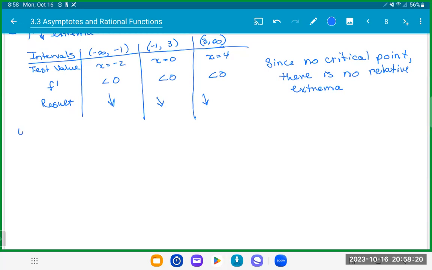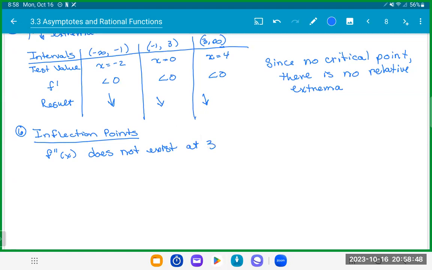This next thing is we're looking for our inflection points. So you're looking at the second derivative here. The second derivative does not exist at 3.